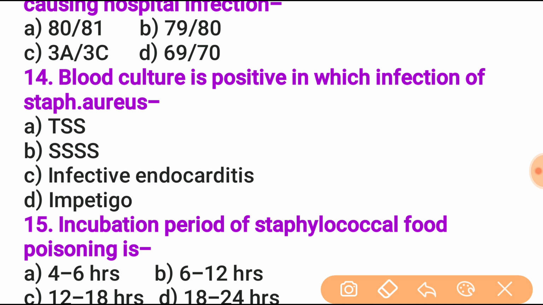TSS of Staph aureus does not cause bacteremia, so blood culture will not be positive, while streptococcal TSS causes bacteremia.